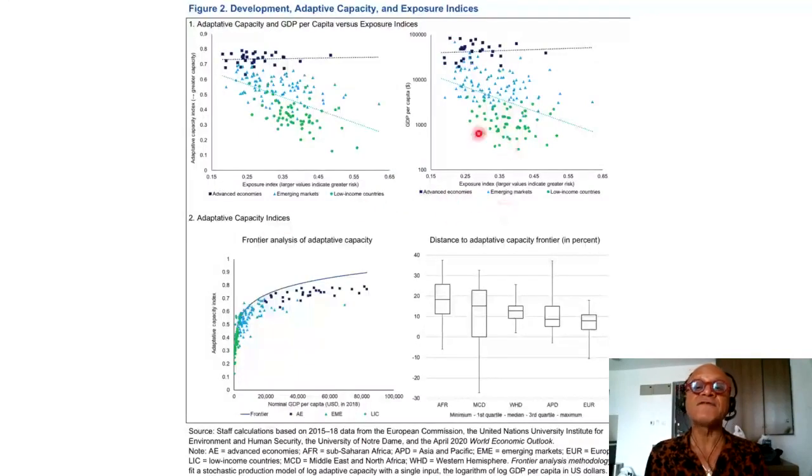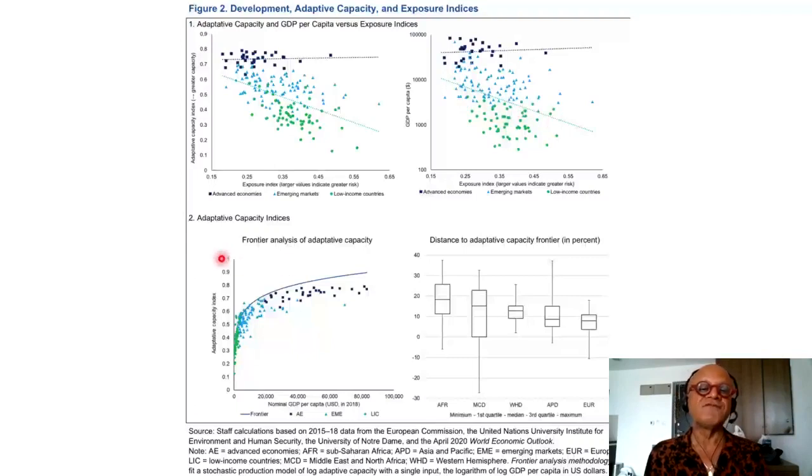Similarly, you have GDP per capita high for advanced economies, so doesn't depend on exposure index. In other words, people's per capita GDP is not affected so much by climate hazard, whereas for emerging markets and low income countries there is a huge dependence on the exposure, and per capita GDP is heavily affected as their exposure increases.